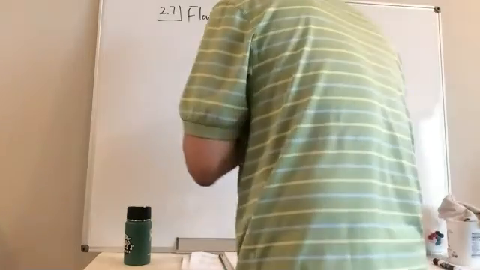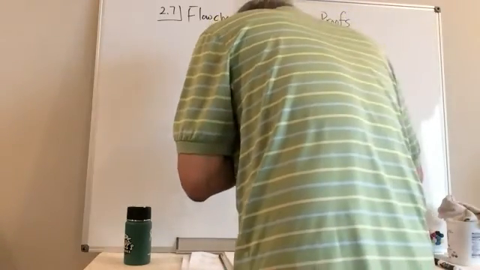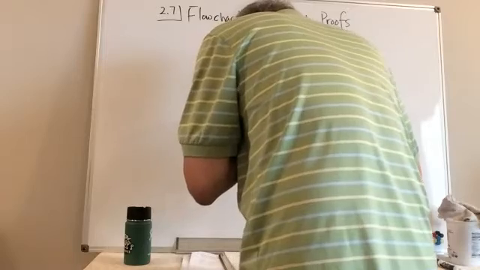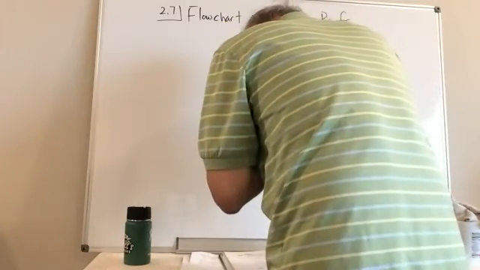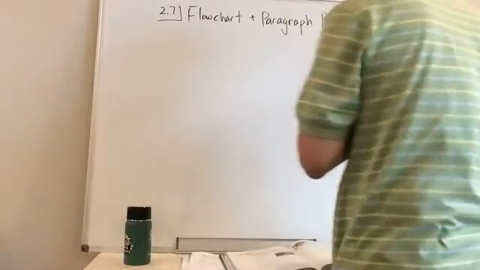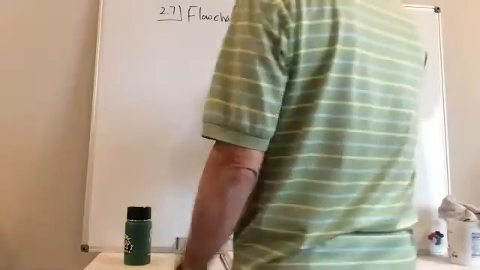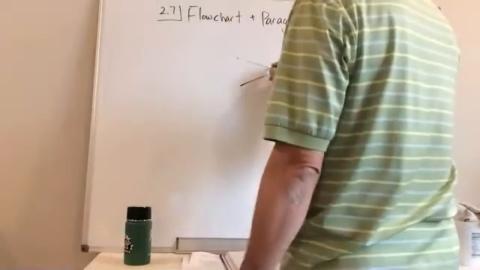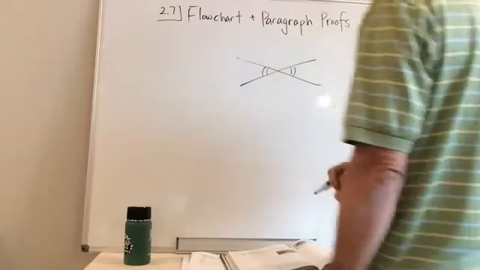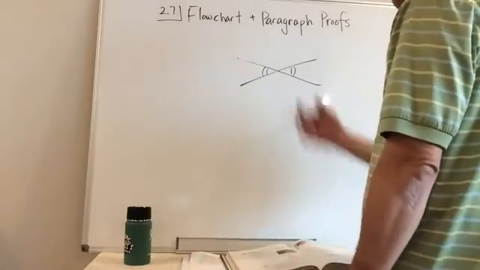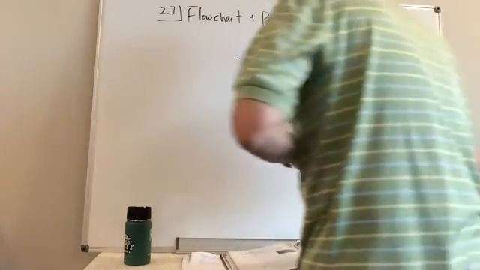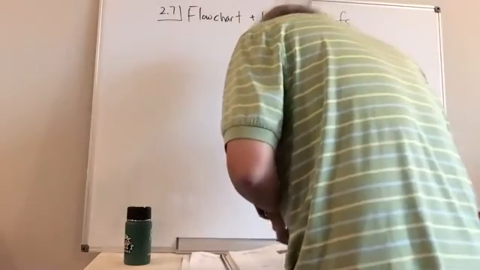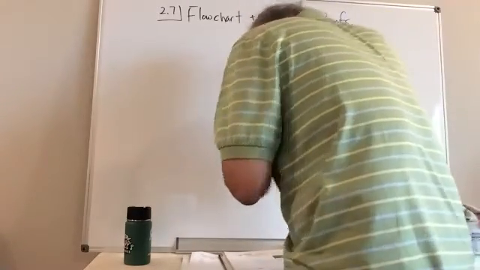In order to go through this, the theorem they're going to give us is the vertical angles theorem, 2.7.2. If they are vertical angles, they are congruent, right? Makes sense, right? And then you have 2.7.3.